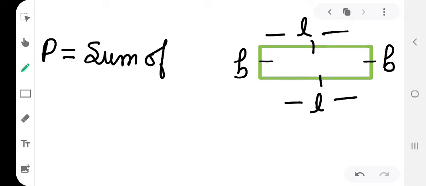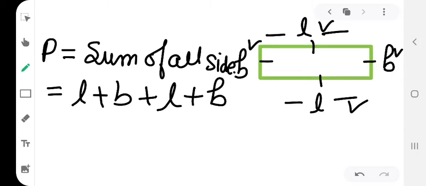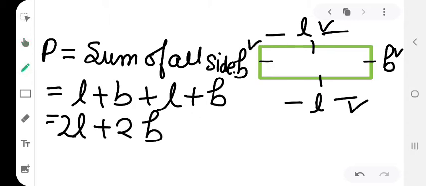So the perimeter of this rectangle will be L plus B plus L plus B. Here I have 2L, and I have 2B. 2L plus 2B.